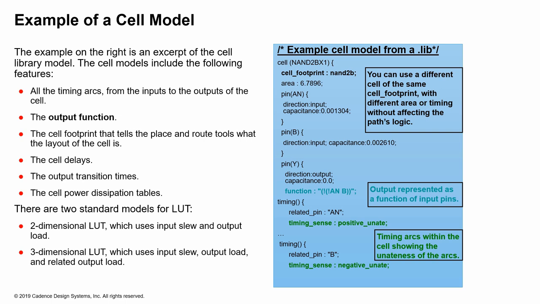And because these models require very few variables, they're very easy to calibrate. And these library characterization teams create these cell models for you to actually use at different slew and load variations. And they're plugged into your .libs or the Liberty library models, and that is what you would use in your static timing analysis.